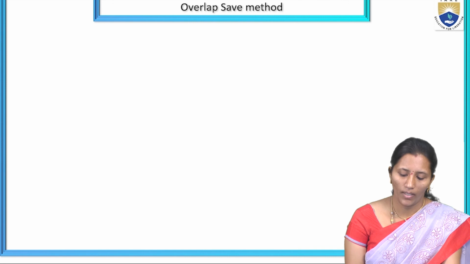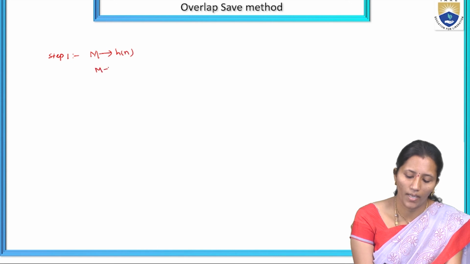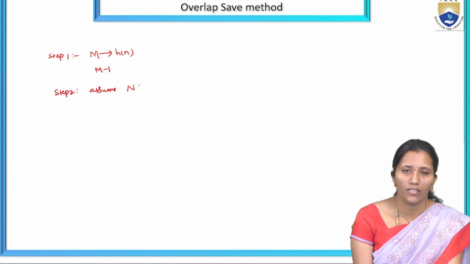So here, what is the procedure? First, in step 1 of the overlap save method, we have to take M, the length of the impulse response. From that, find M-1. In step 2, assume the N value. N may be 5, 6, 4.